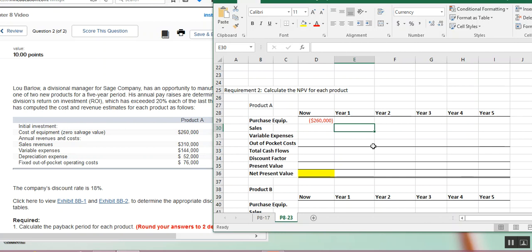And the sales amount from our chart was $310,000. And our variable expenses were $144,000. And our out-of-pocket costs were $76,000.